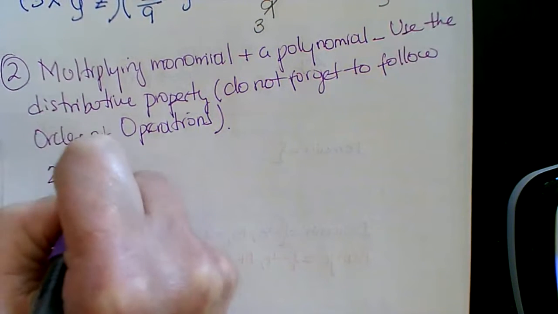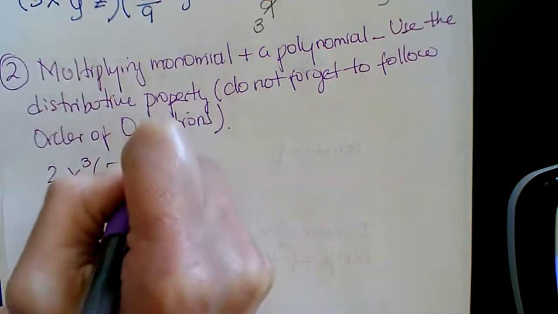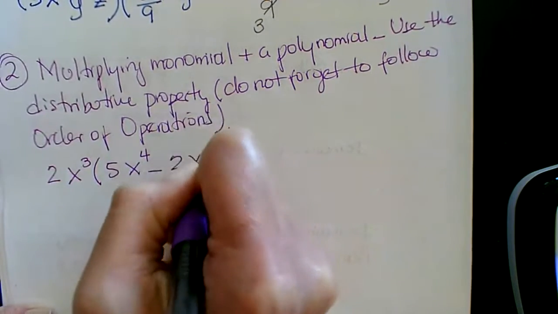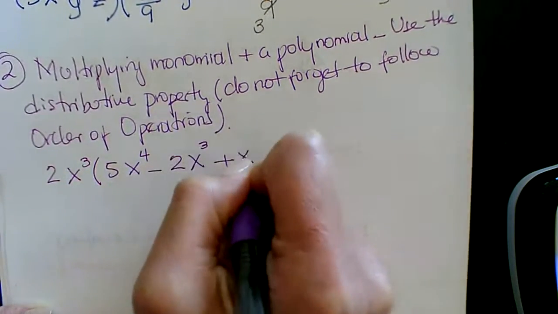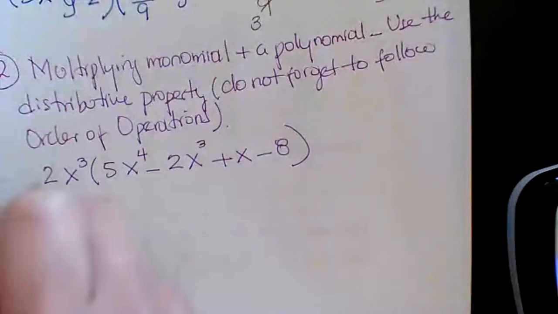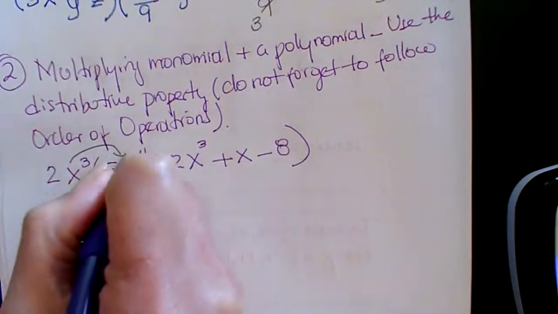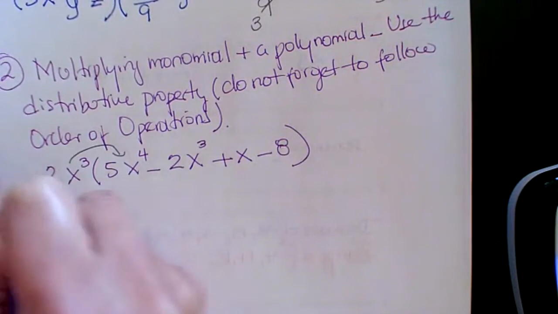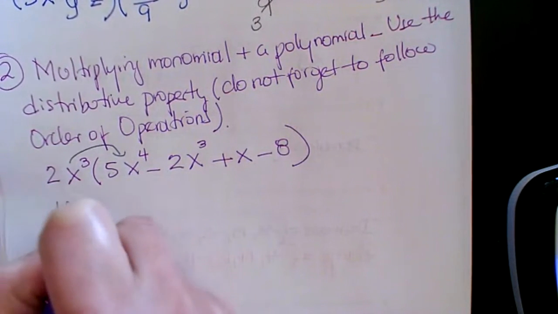2x to the 3rd times 5x to the 4th minus 2x to the 3rd plus x minus 8. All right, so I'm gonna distribute. So this term times this one is 2 times 5 is 10.